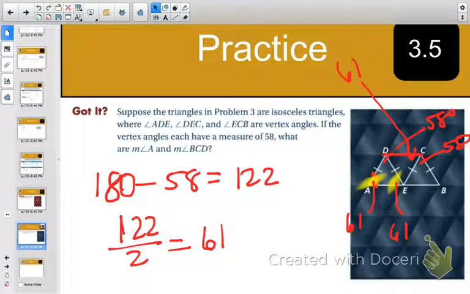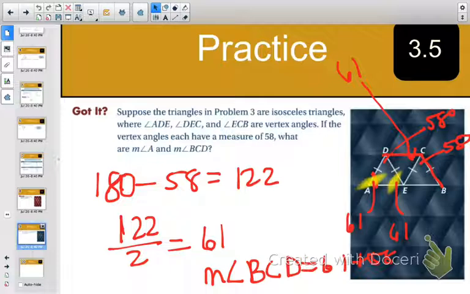So your whole angle BCD is going to be 61 plus 58, which comes out to be 119. Okay, so BCD is actually 119, not 120, so it's 1 degree smaller than the one we did in the previous example. Okay, and that is all I have about isosceles and equilateral triangles.